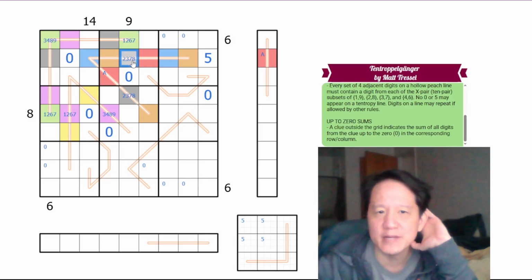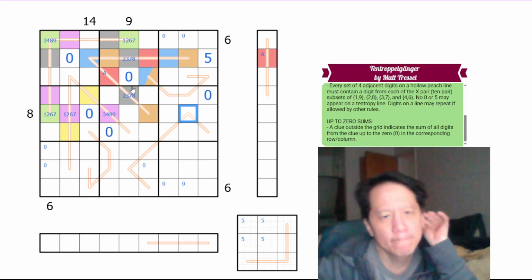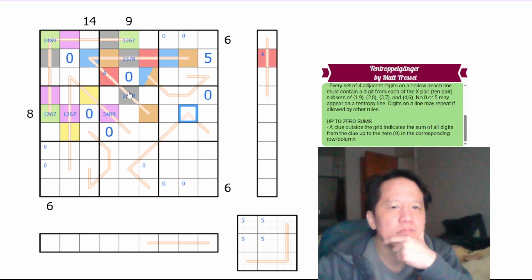It's not medium. So this is blue or yellow. Blue or orange here, I should say. That means 1, 2, 3, 4 is another blue or orange.